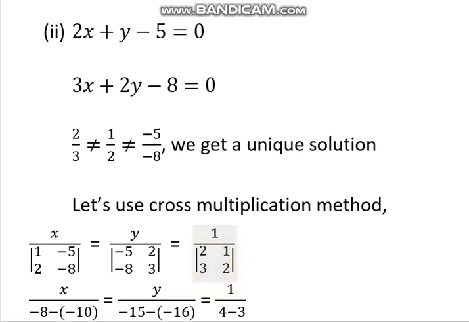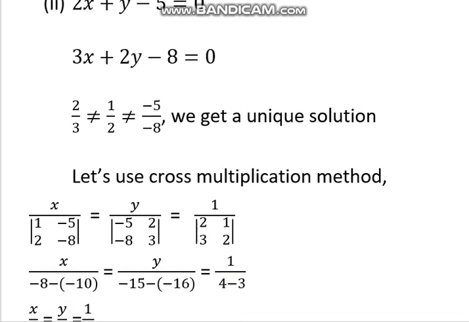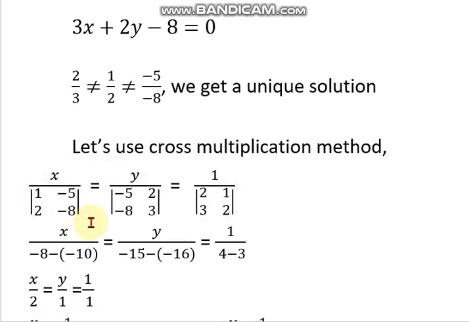Now as I told you when describing the method, what we will do: 1 multiplied by minus 8. So that will be minus 8, minus the sign we have in the formula itself, multiplication of minus 5 and 2, which is minus 10, is equal to y upon minus 5 into 3, minus 15. Then this is the formula, minus 2 into minus 8 is minus 16, is equal to 1 upon 2 into 2, 4 minus 3.